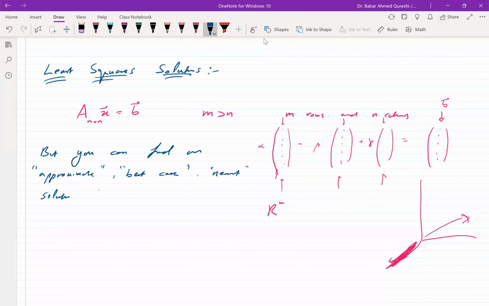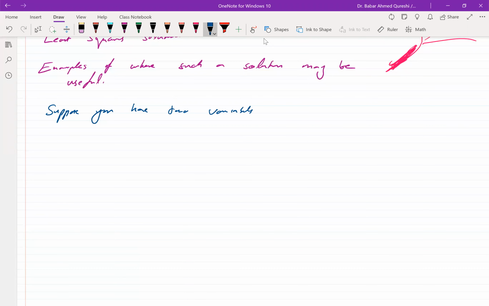So suppose you have two variables, x and y. So demand and supply or something, y depends on x in some way.